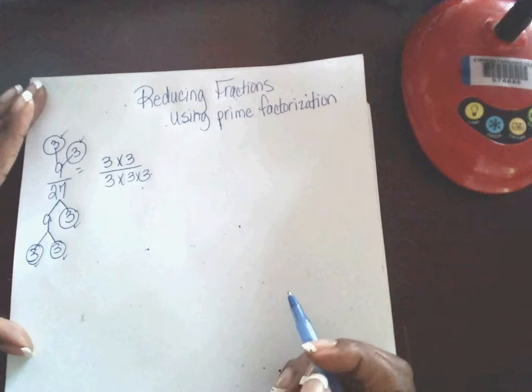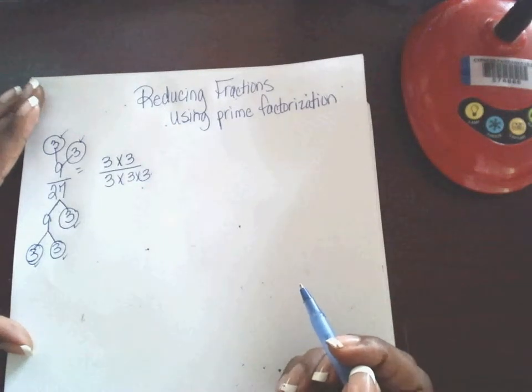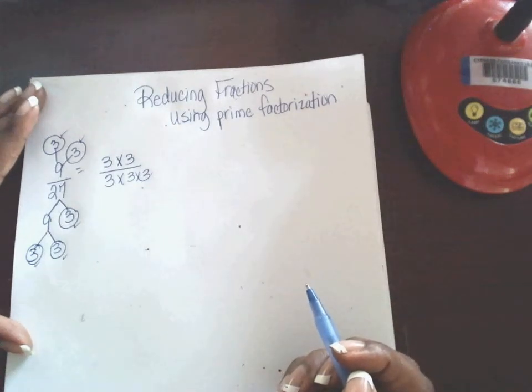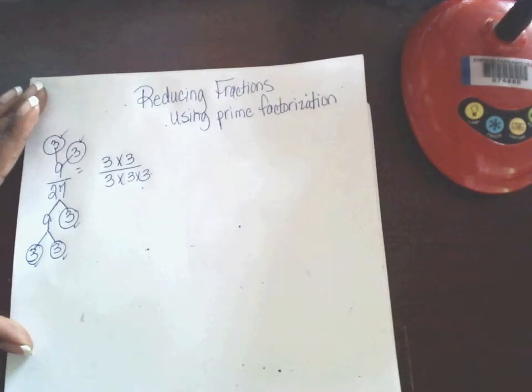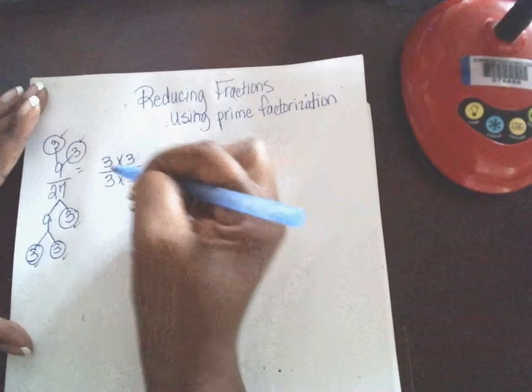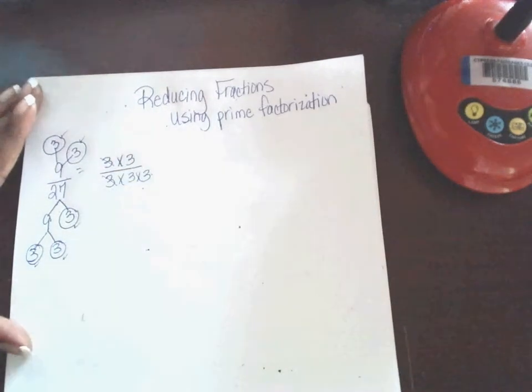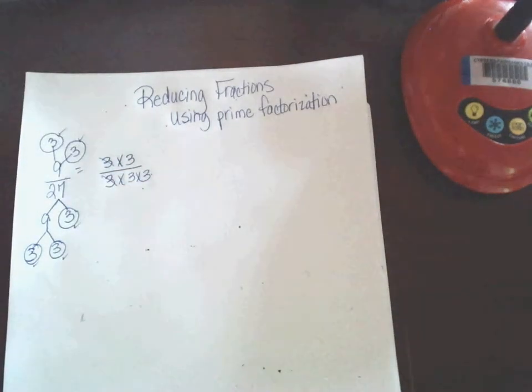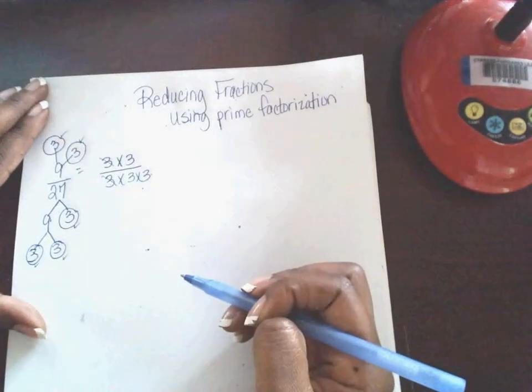Yes. Okay. Now, when you're reducing, what you're really doing is dividing out factors. In essence, you're making your number smaller and your pieces larger. So I'm going to take out this 3 and this 3. I'm dividing them out. The reason why I can divide them out is because it's the same on the top that it is on the bottom, okay?